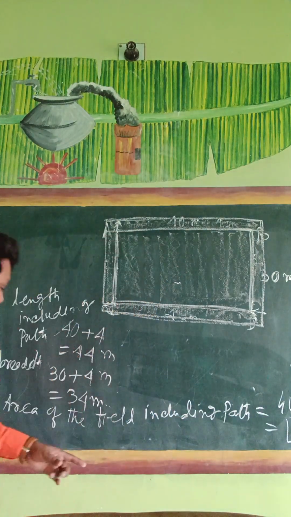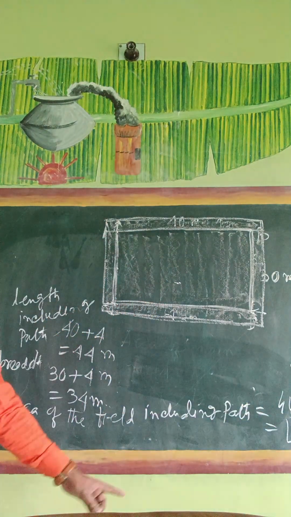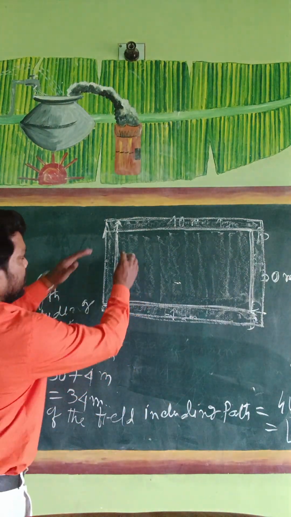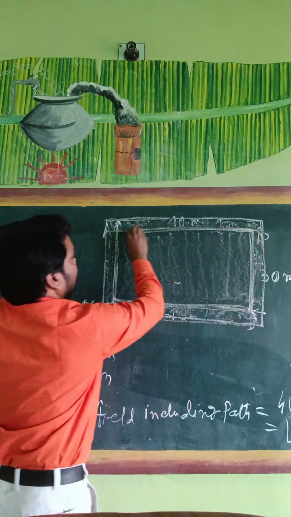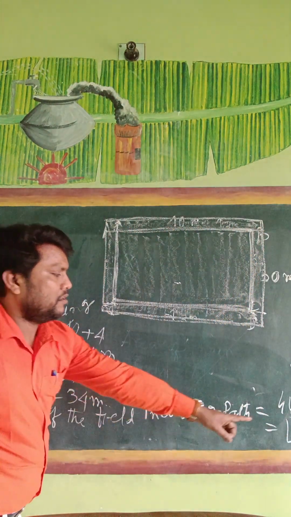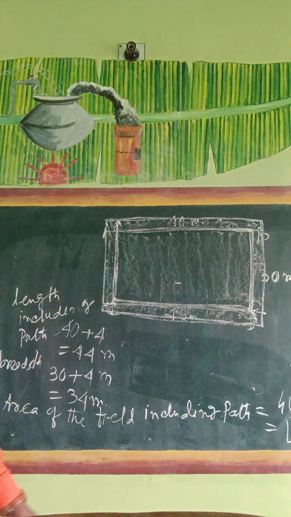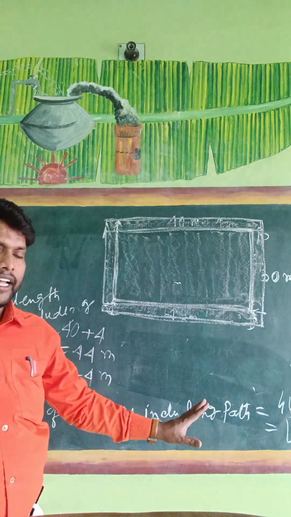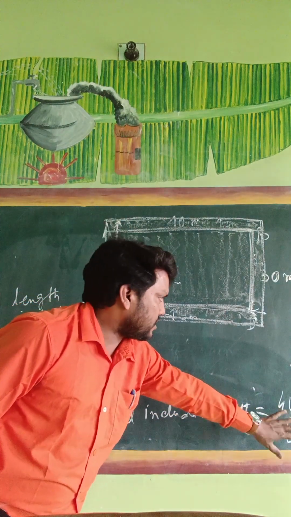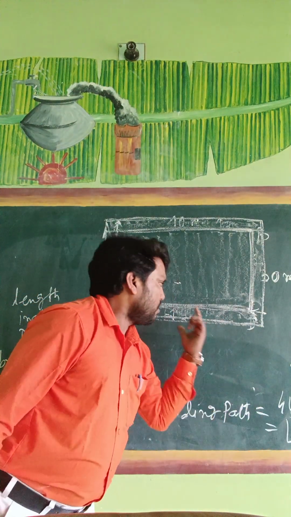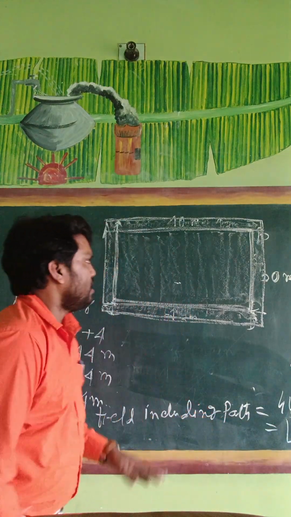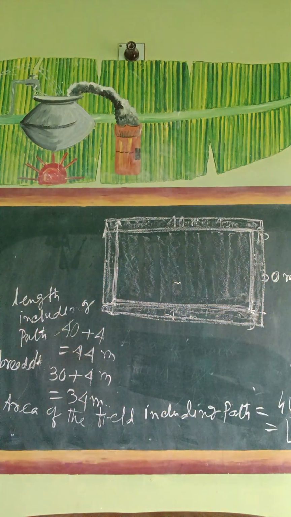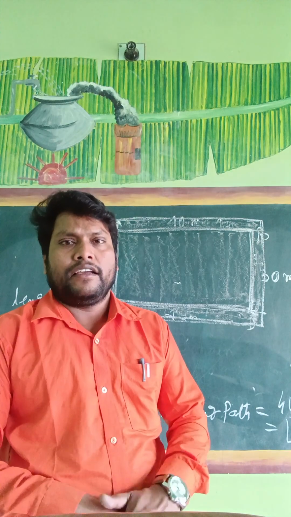Then find their area, the area of the field including the path. Then you will subtract the area of the initial field. You multiply 44 by 34, you will get some answer, and you subtract 1200 meter square from this area. So you will get the area of this path. In this way, this kind of problem can be solved.